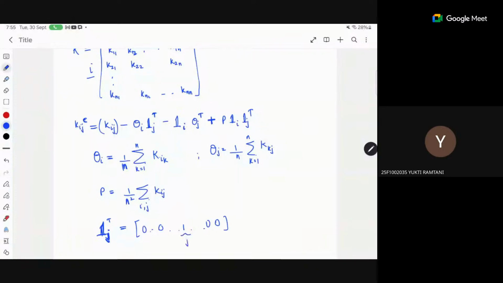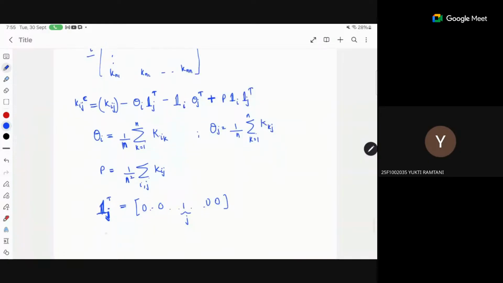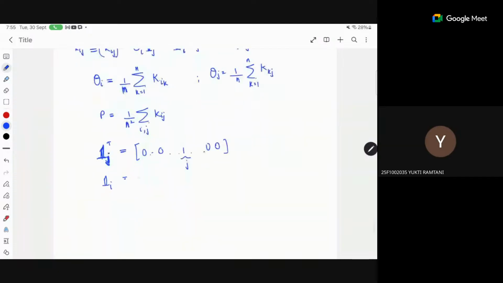So this is at the jth element. Similarly, at the ith element you will have the 1, and again the remaining all 0.